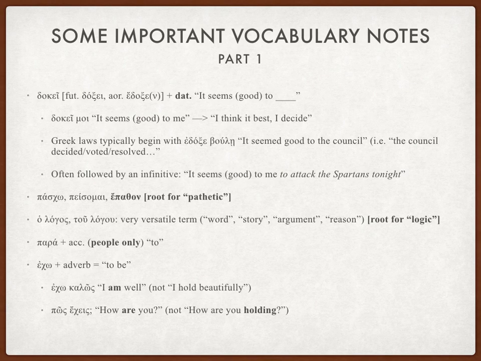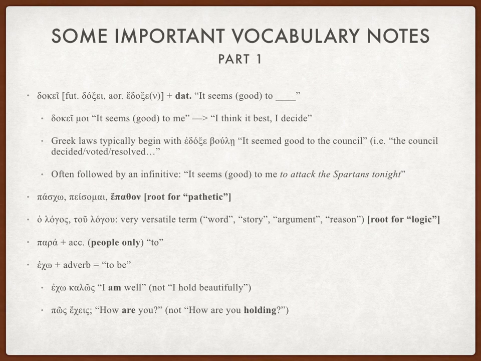But edoxe tēi boulēi doesn't just mean, oh, the council thought it was a good idea, but really that the council took measures to vote on it and decided on that. That's a formal action in Greek inscriptions. And you're often going to see an infinitive come afterwards. It could say, for example, it seems good to me to attack the Spartans tonight. That's probably not a good idea to ever attack Spartans at night, but let's say I thought that was a good idea. I'd say dokei moi, it seems good to me to do that. So that's how dokei works.